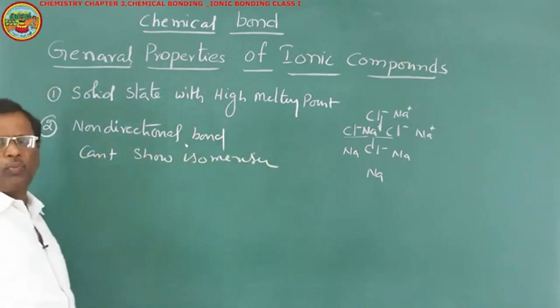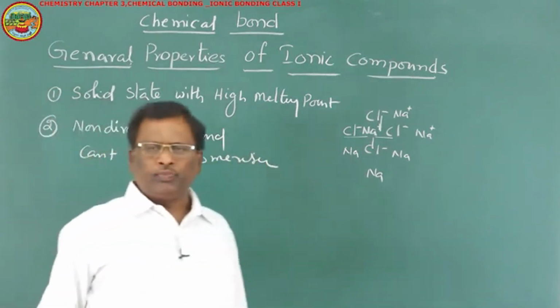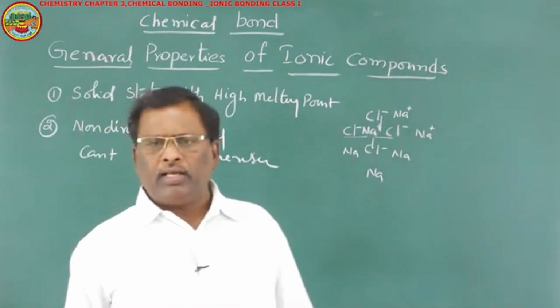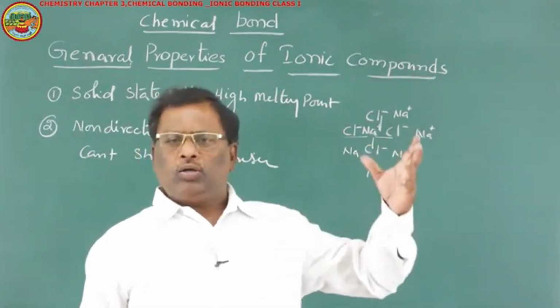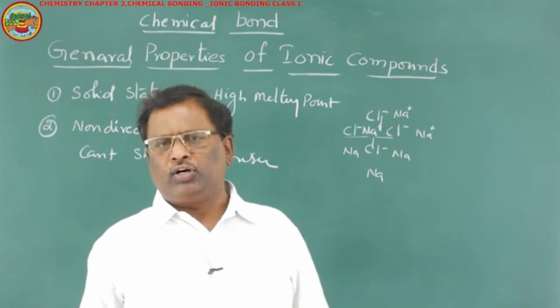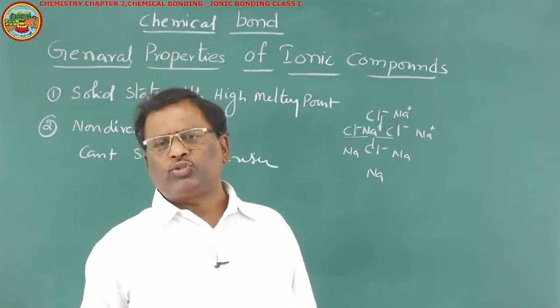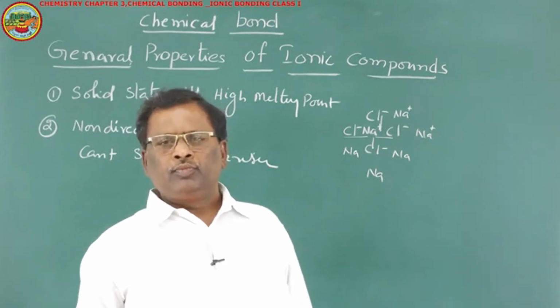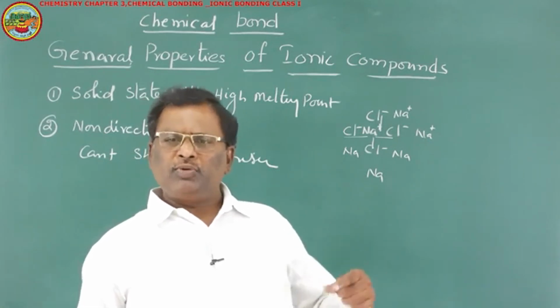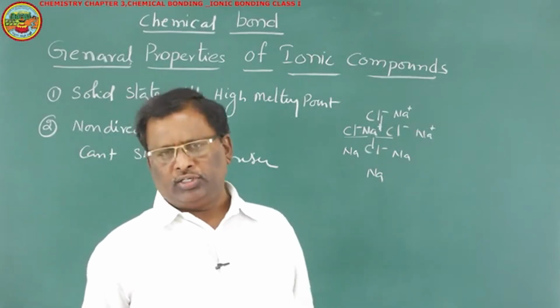Isomerism is a fundamental property of covalent compounds. If two or more compounds are possible with the same molecular formula, that phenomenon is known as isomerism. This isomerism is possible when the bond is a directional bond.